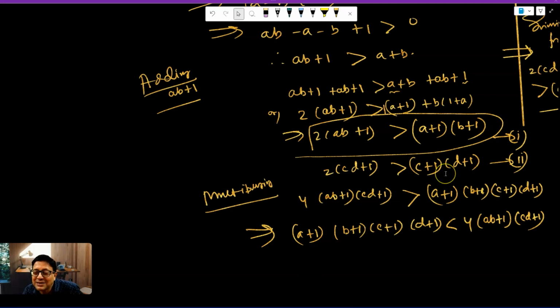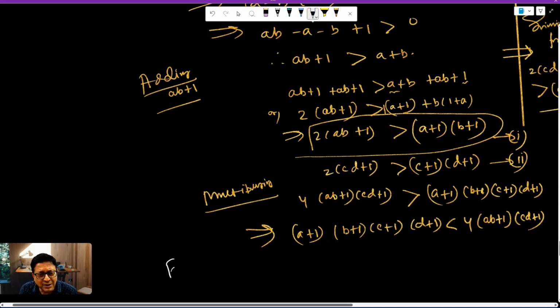Now let us apply one trick over there. You have proved A plus 1, B plus 1 less than twice AB plus 1. Isn't it? Can we replace A by AB and B by CD over there? Let us write. From 1, I can write x plus 1, y plus 1 is less than twice xy plus 1, because it is proved over there.